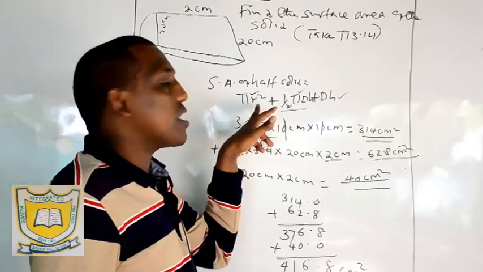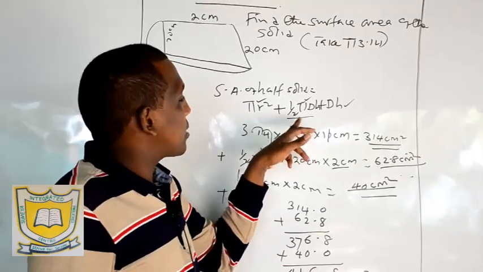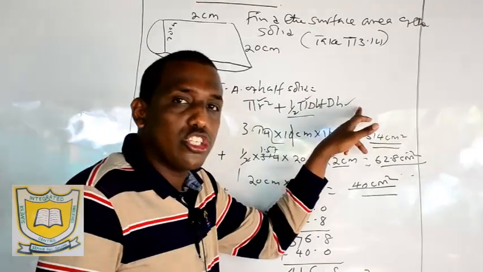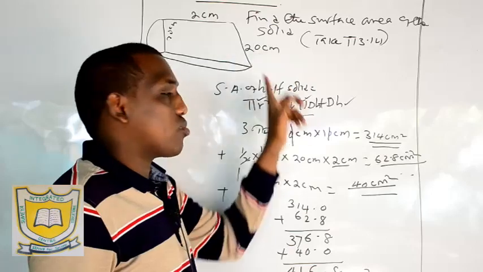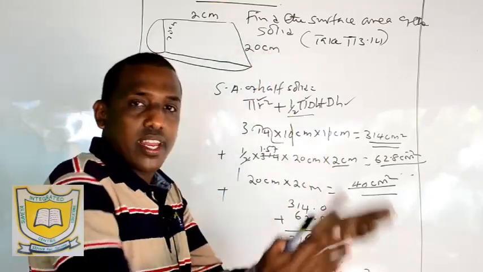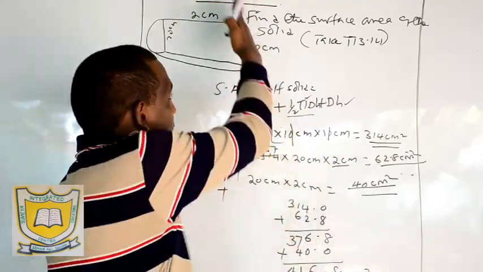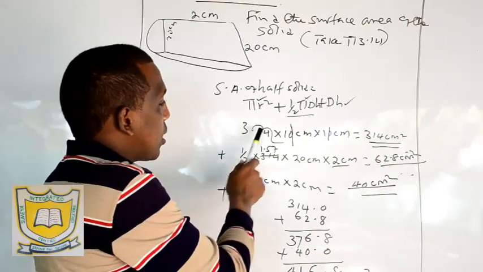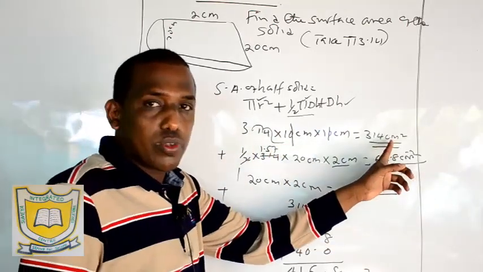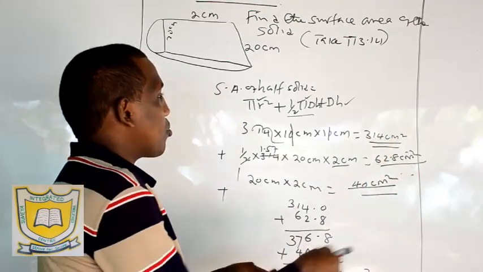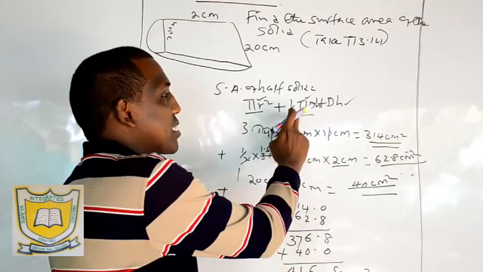I say the formula is πr² plus a half πdh plus dh. 3.14 times radius, which is 10 times 10; we have divided the diameter by 2, and this line is the diameter. The two zeros will move with the decimal, and you will remain with 314 centimeter squared. So we are through with the first part of the formula. Second part: plus a half πdh.